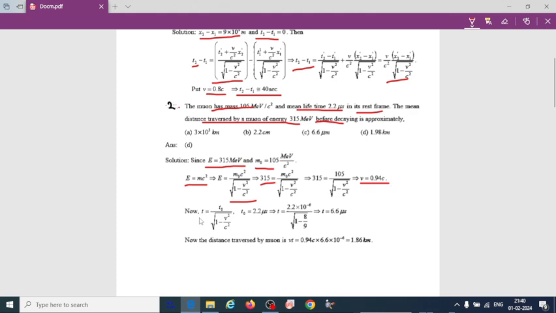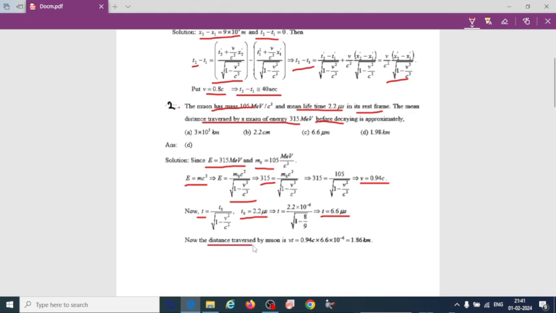Now we have to find the decay time, how much time it has taken. The relativistic time is t naught divided by root of 1 minus v squared by c squared. Here t naught is the mean lifetime, 2.2 microsecond. Substitute t naught and velocity v, then you are going to get the time.